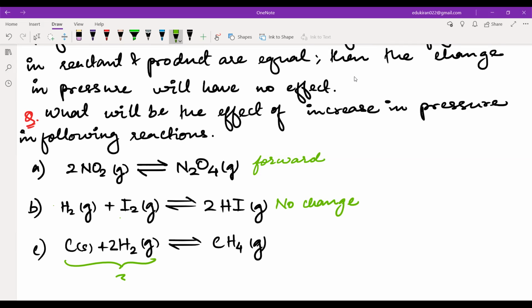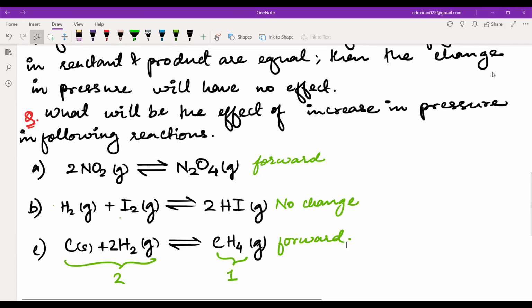No, carbon is solid, right? So 2. And what about here? 1. So if I am increasing the pressure, where will the equilibrium shift? Forward. Forward, right? Yes, sir.